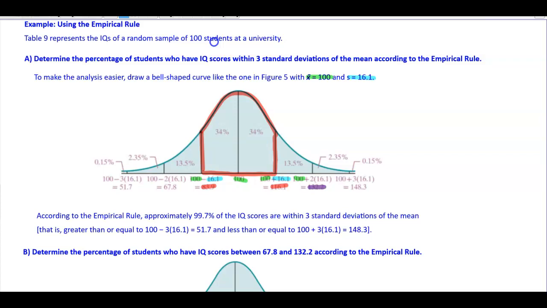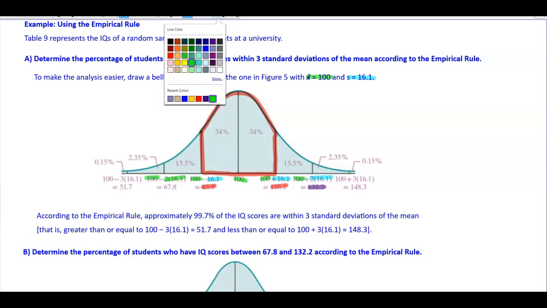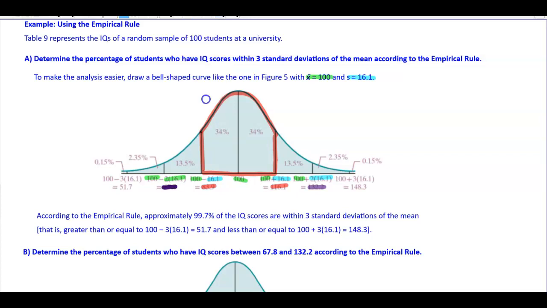When we multiply 2 times 16.1 and add 100, it gives us 132.2. Likewise, we take our 100 and subtract 2 times 16.1, which gives us 67.8.